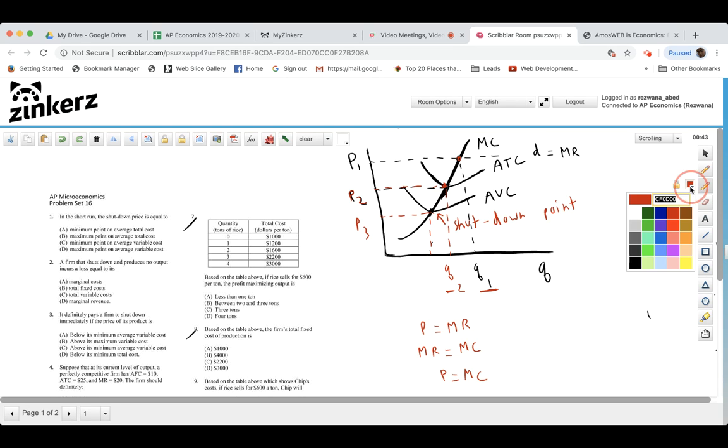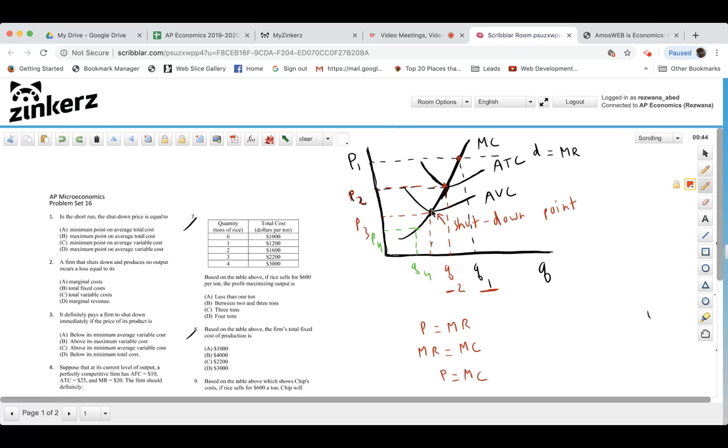So if P4 was somewhere over here, Q4 would be over here, and at P4 you would have to shut down immediately because you're not even going to be able to cover all of your variable costs. So perfectly competitive firms are not going to even produce and sell unless they receive a price above the average variable cost.